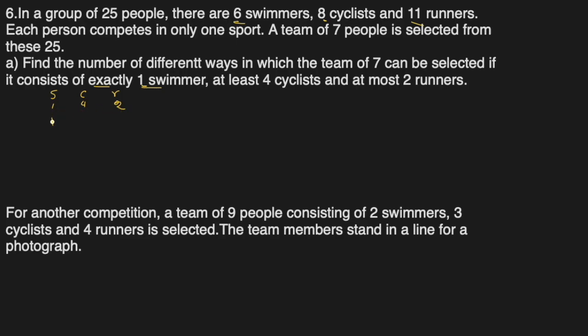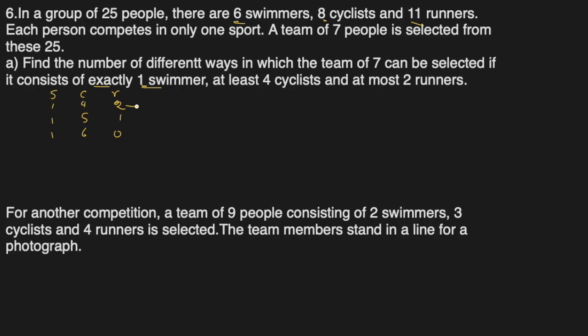Now if I keep swimmer 1 but I increase the cyclists to 5, do we have enough cyclists? Yeah, we have 8 cyclists. So 1 plus 5 is 6. So there will be 1 runner. Again, 1 swimmer, I increase cyclists to 6. So there will be no runner, and this fulfills all the possibilities, right? We can't change this. We have already looked at this one.